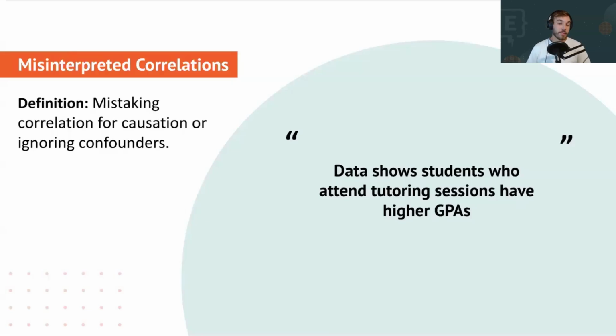And one of the things we've talked about so many times, Jamie, is statistical correlation, right? That's a gradient. You can have strong statistical correlation and you can have weak statistical correlation. And so, we might want to say that data showing that students who attend tutoring sessions have higher GPAs is loosely correlated.